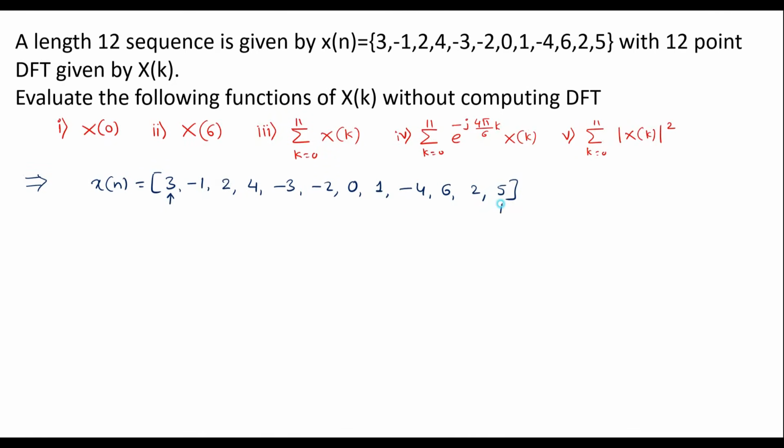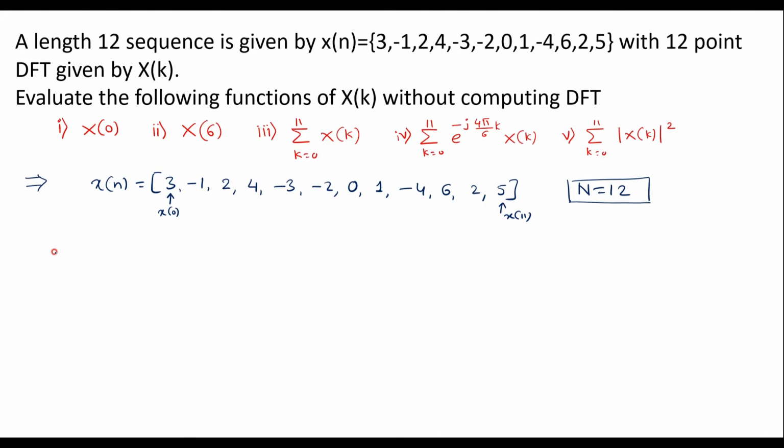This is the last sample, that is x of 11, and this is x of 0. In between these are 1 to 10. Given the 12-point DFT, it means that N is equal to 12. Now with the help of this, we are supposed to evaluate X of k without computing the DFT.